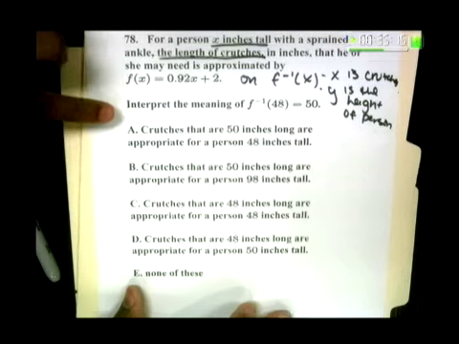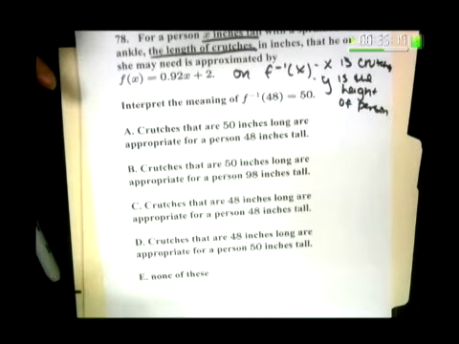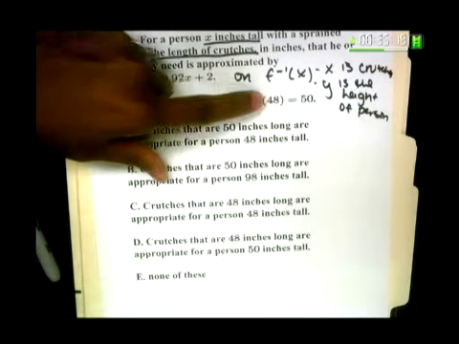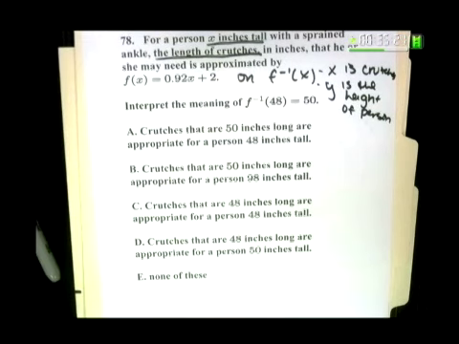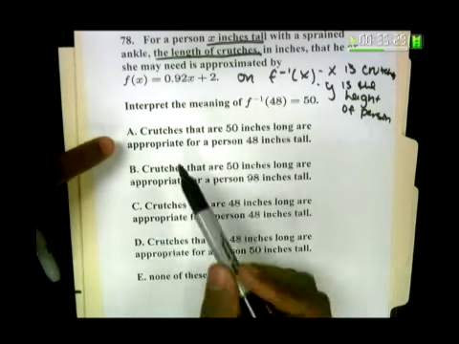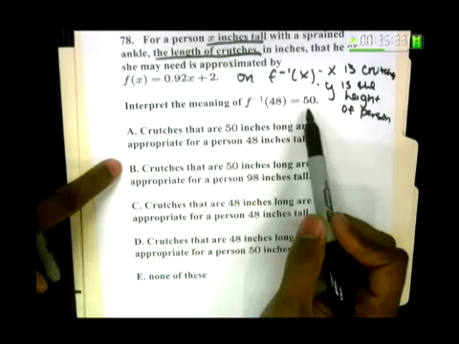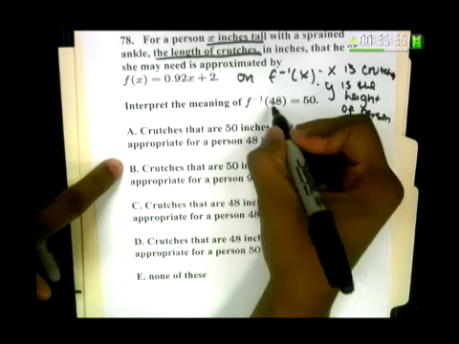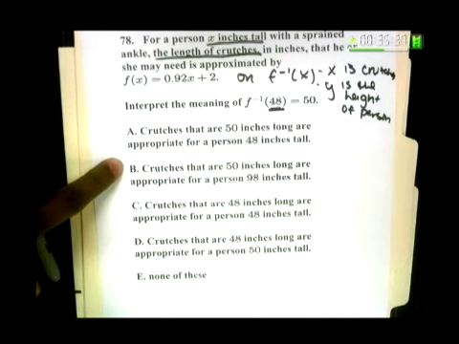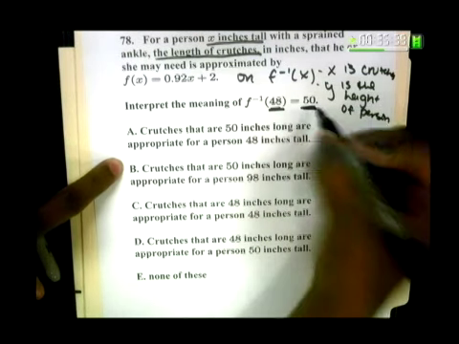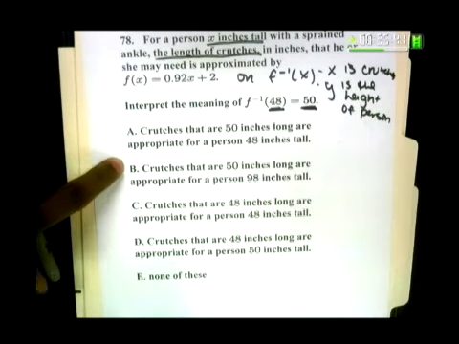It's saying interpret the meaning of f inverse of 48 equals 50. So the 48 here would represent what? Okay, right. So the input would be the length of the crutches, and the y would be the height.